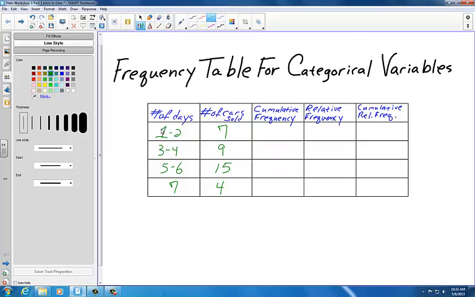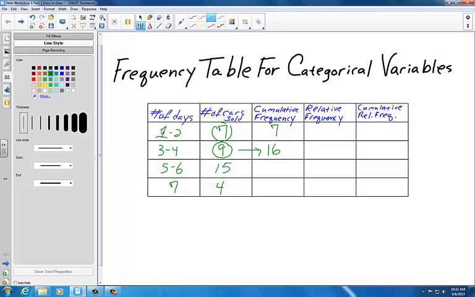Now what's this cumulative frequency? Well, cumulative frequency represents the total number of cars sold as the week goes on. So for days 1 and 2, of course, 7 cars were sold, and we see that right here in the first cell. Days 3 and 4, I'm going to write 16, because 7 plus 9 gives me 16.